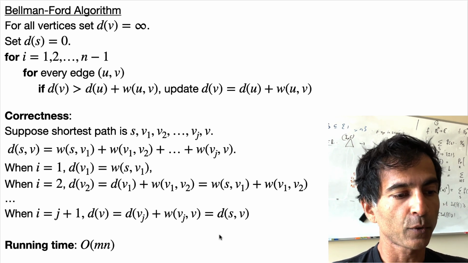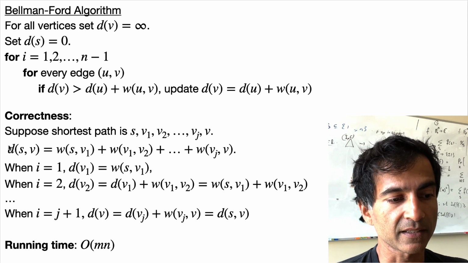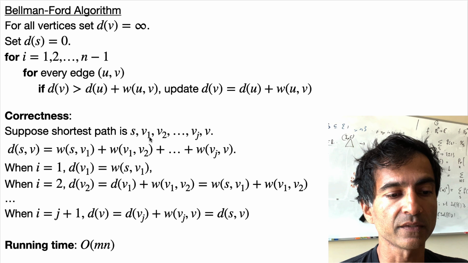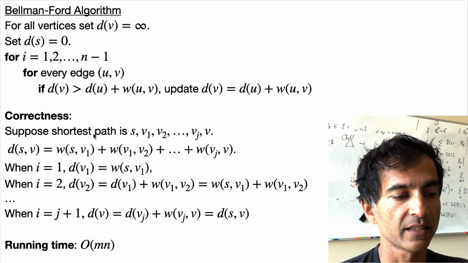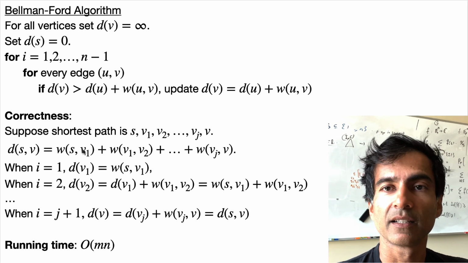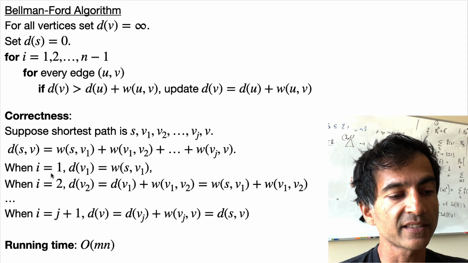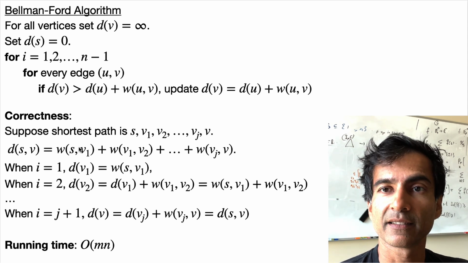The idea is, suppose the shortest path from S to V, the one that realizes the shortest path distance, is this one that goes from S to V1 to V2 all the way up to Vj and then to V. And its length is this expression. Then the observation is that in the first round, when i is equal to 1, dv1 will be set correctly.